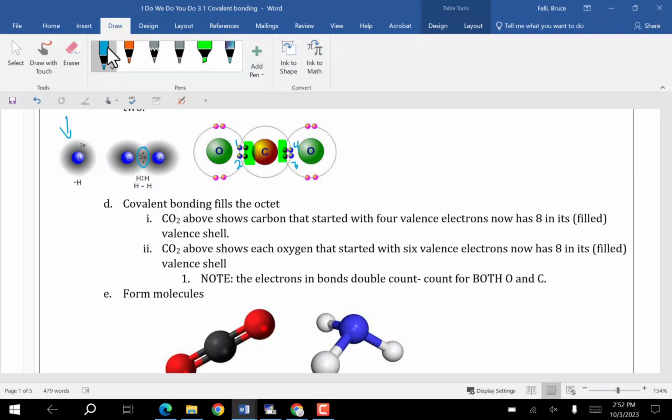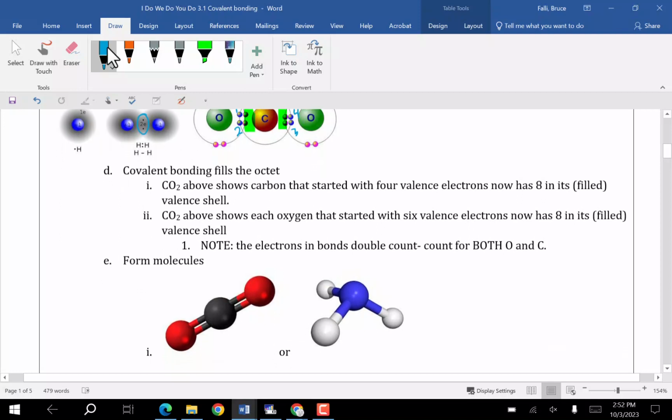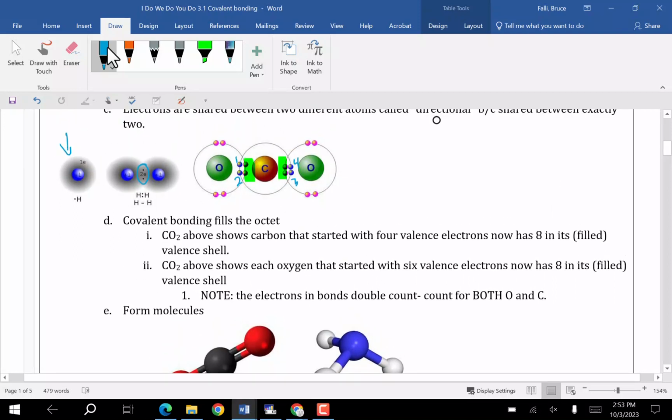So 4 plus 4 is 8, so it now has a filled valence shell. Each oxygen started with 6. I'll change my color to a happy red: 1, 2, 3, 4, 5, 6. And you see how these 2 electrons right here are 7 and 8 that the oxygen takes.